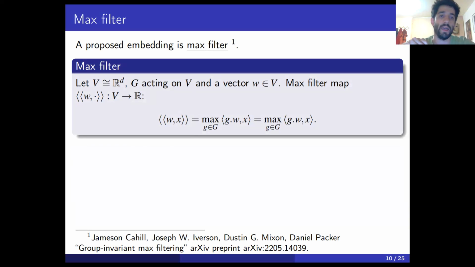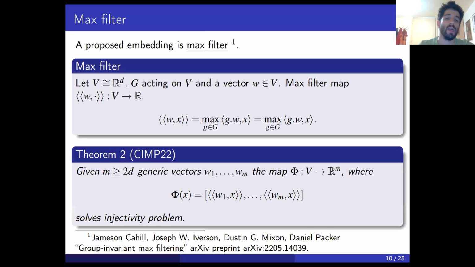So for a fixed vector W, the max filter is a map from V to R that takes a vector X and calculates all possible inner products of G acting on W with X for all G in our group, and then calculates the maximum element of this set. And this is the max filter.